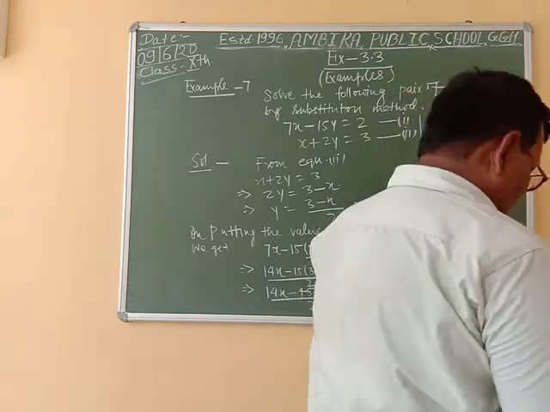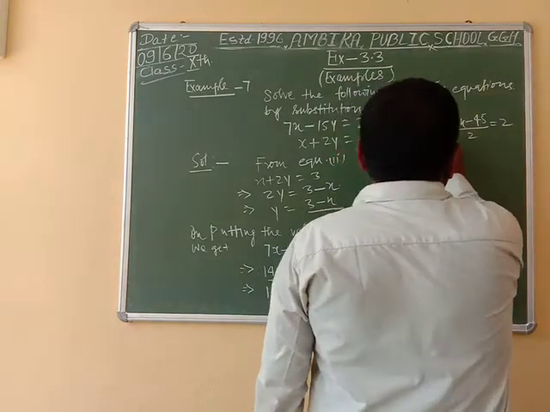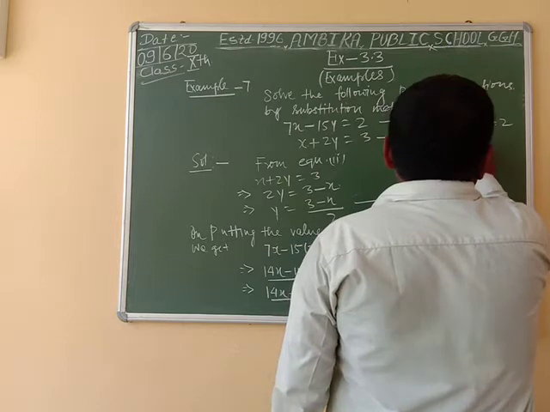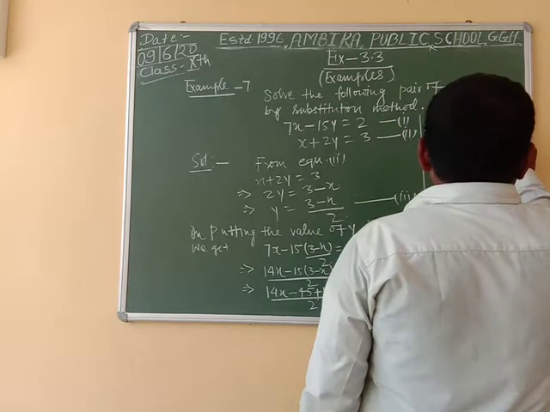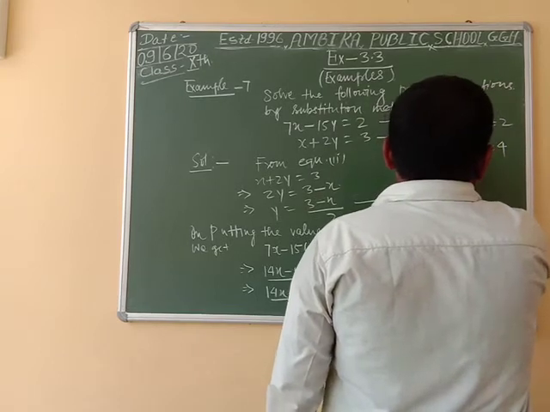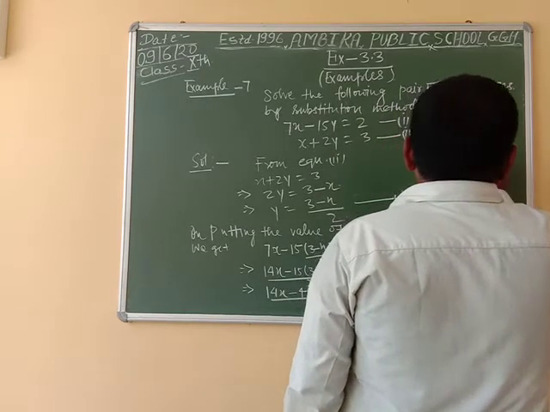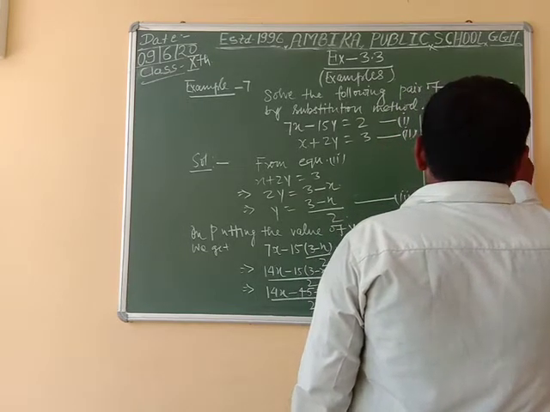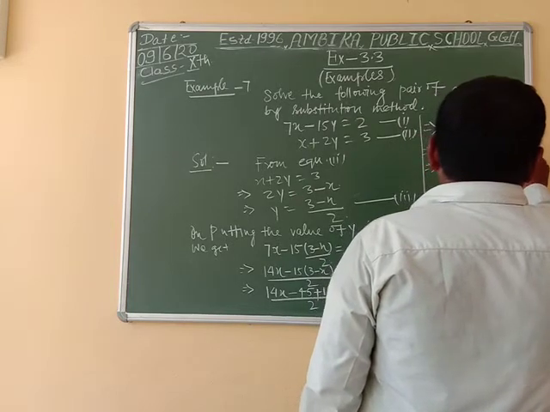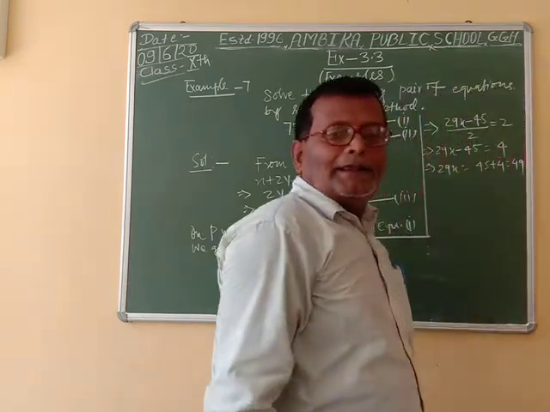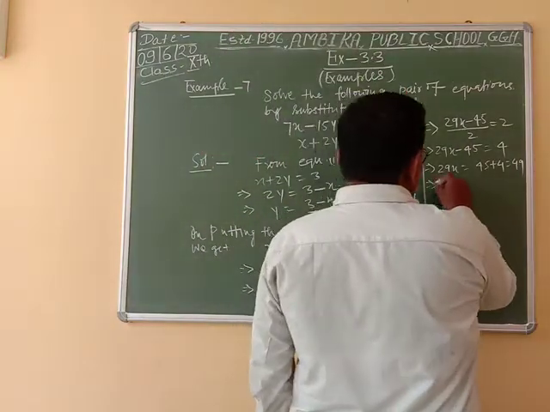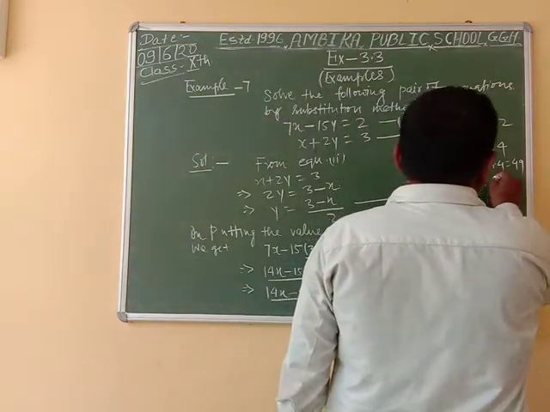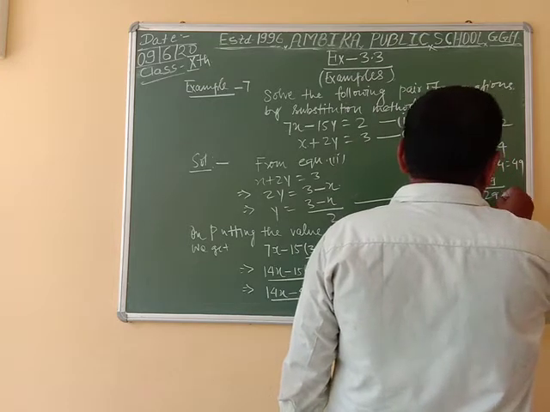By cross multiplication, 29x minus 45 is equal to 4. 29x is equal to 45 plus 4 is equal to 49. x is equal to 49 by 29.